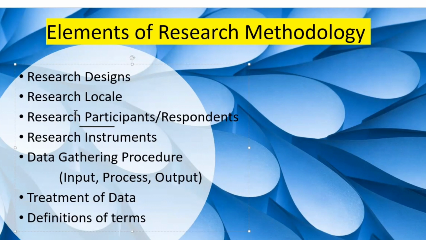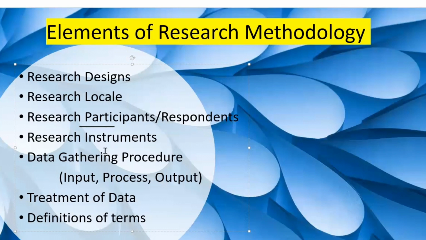In a research methodology, we have the elements o yung mga makikita natin sa loob ng isang research methodology ng isang thesis or study. Hindi nawawala at unang-una nating makikita after the introductory statement ay ang research design. Pangalawa, ang research locale, research participants, kung qualitative ang ating research design, at research respondents kung quantitative naman ang ating research design.